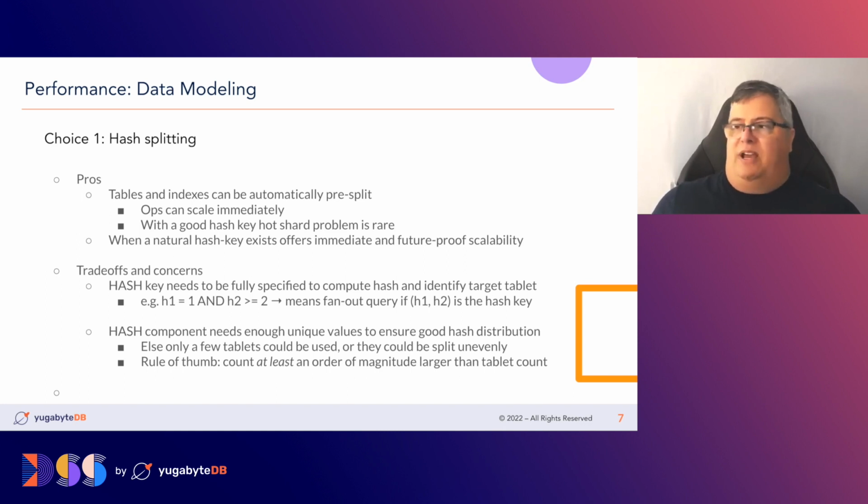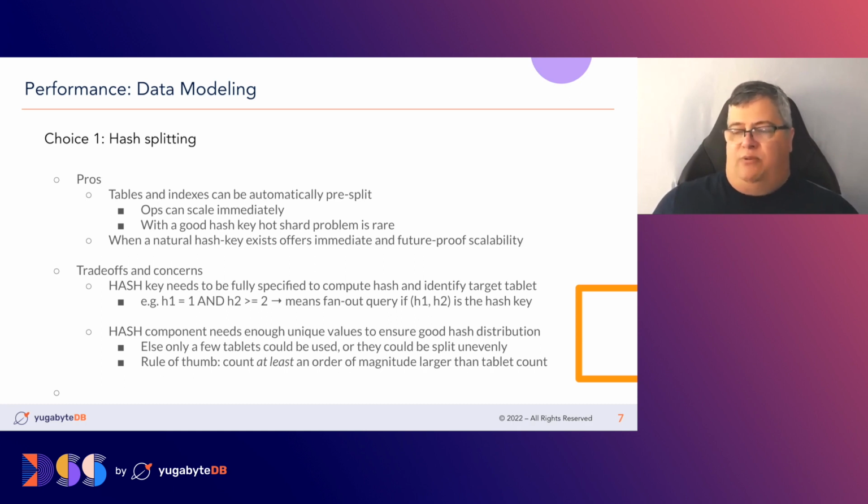Let's take something like gender or a Boolean value or the month of the year. There are very few values to use, so we want to have something that spreads very, very well across.